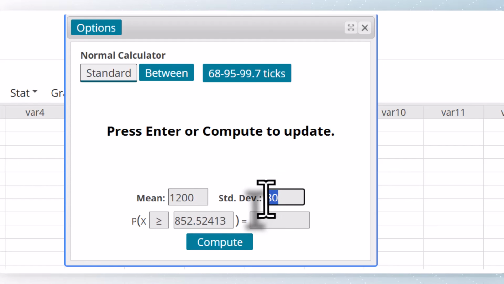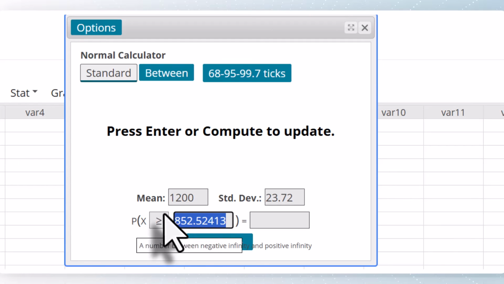But the standard deviation, since this question is about the sample mean, is not 150. It's 150 divided by the square root of 40, which I showed you is 23.72. And he wants us to find the probability of the sample mean being greater than 1250.